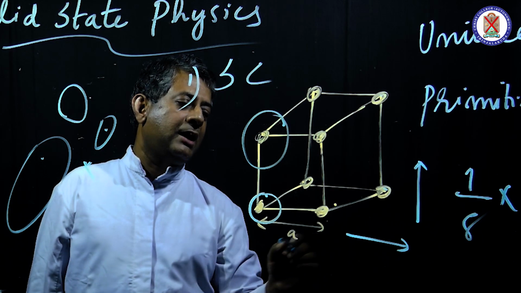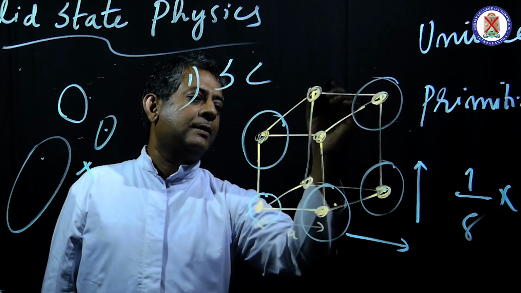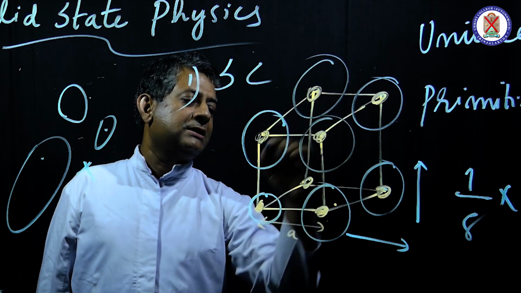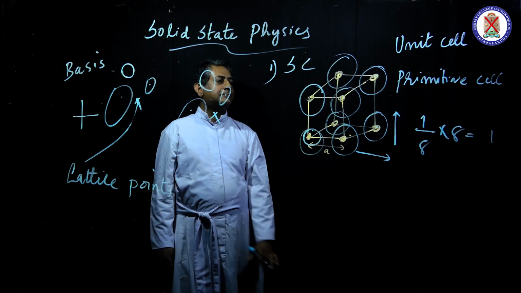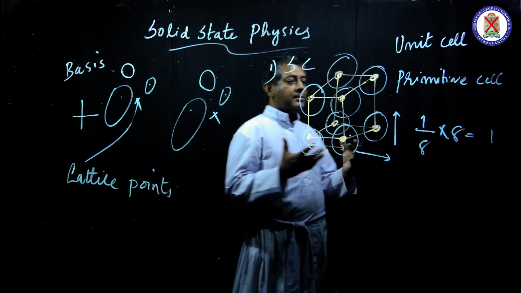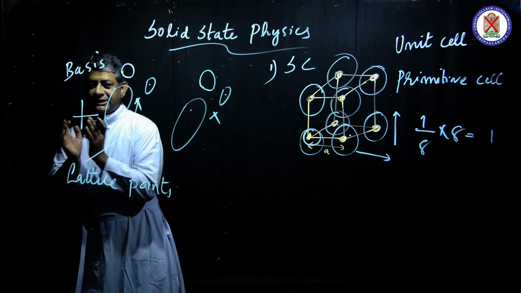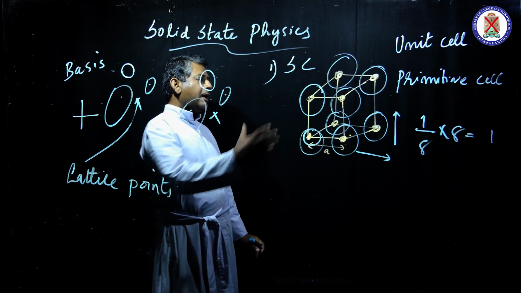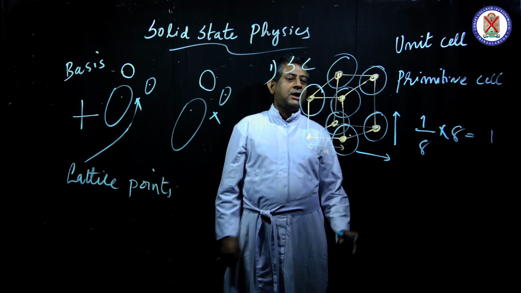One atom will be here, the second here, the third here, the fourth here, fifth, sixth, seventh, and perhaps in a bigger lattice, eighth. There's always a chance that these atoms may touch each other.